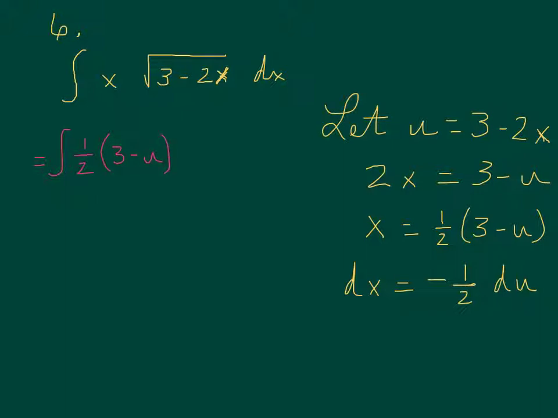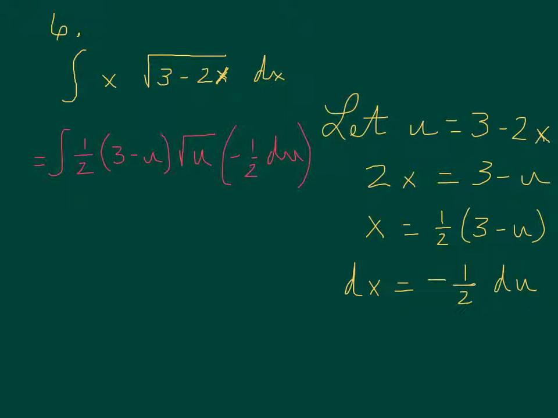In place of our square root of 3 minus 2x, we know that 3 minus 2x is equal to u, so we can put square root u. In place of dx, we can put -1/2 du.